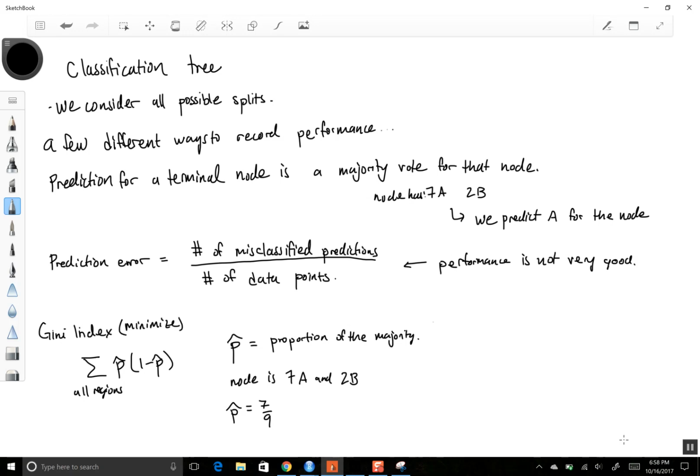Okay, and then the other is entropy. Entropy is p hat times log of p hat.